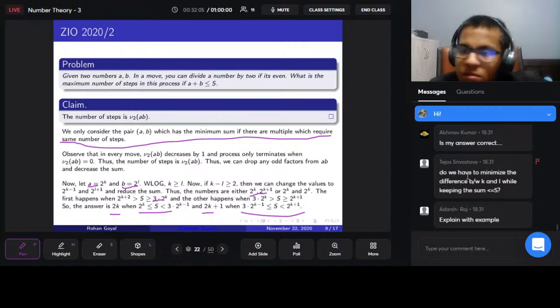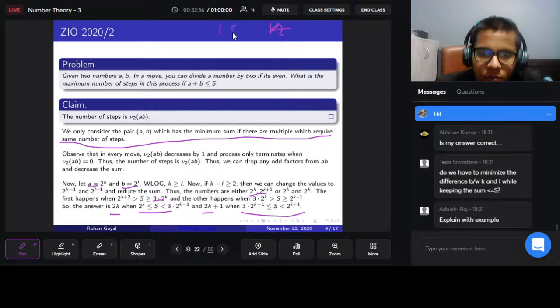See, the thing is we want to keep the sum less than or equal to s. So if we can keep reducing the sum with the same number of steps, we can say that's the maximum. For example, if the sum is bounded by, let's say, 10 for now, I can take the pair 8 comma 2, which works very well.